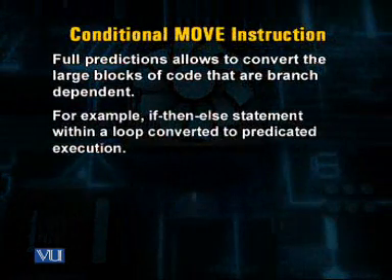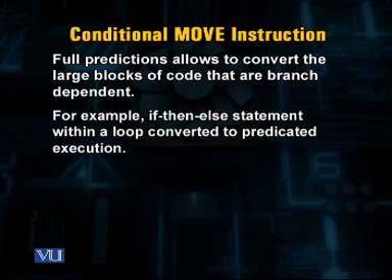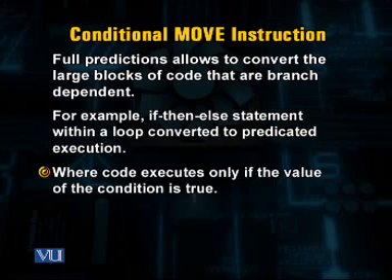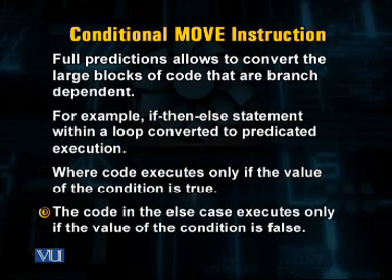Here, let us consider an example of an if-then-else statement within a loop converted to predicated execution. Here, the code executes only if the value of the condition is true, and the code in the else case executes only if the value of the condition is false.